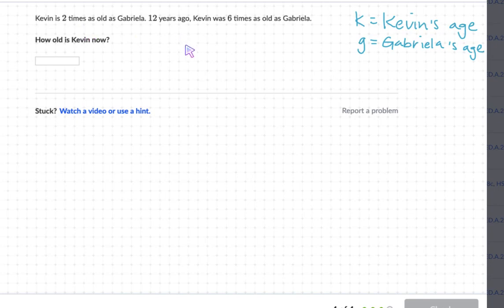And then let's start creating equations. So let's take a look at the first sentence. Kevin is 2 times as old as Gabriella. I see an is, which tells me equal, and I see a times, which tells me multiply. K equals 2G. So Kevin is older. He's 2 times as old as Gabriella.